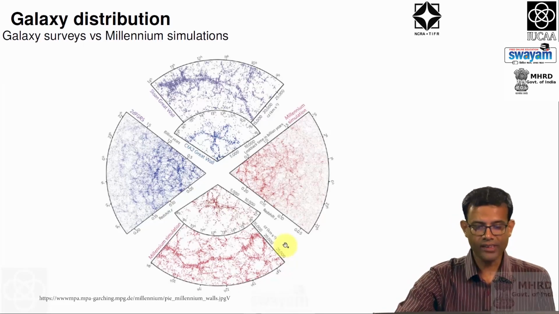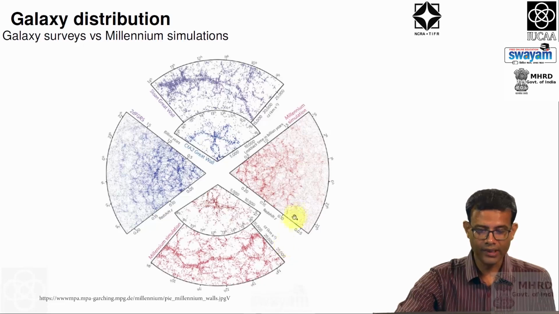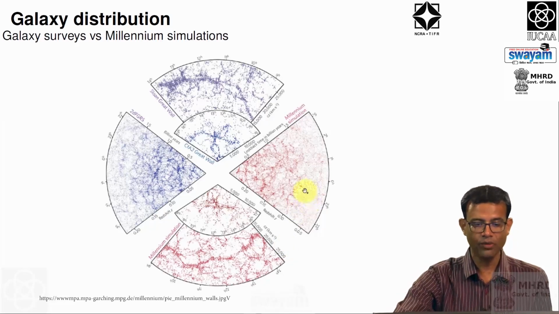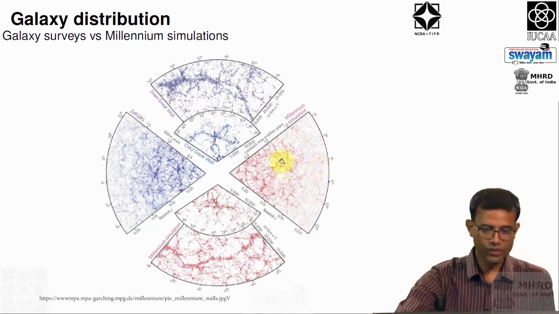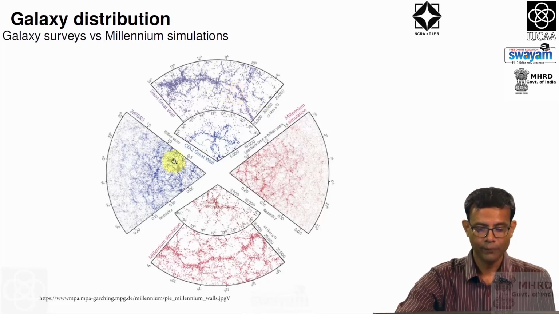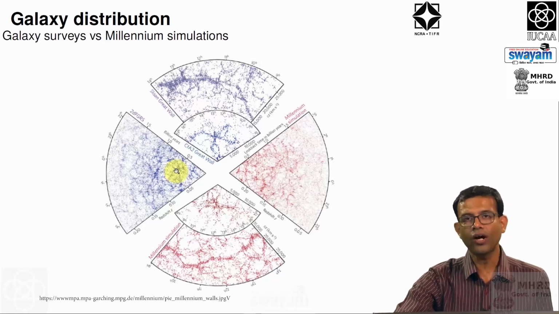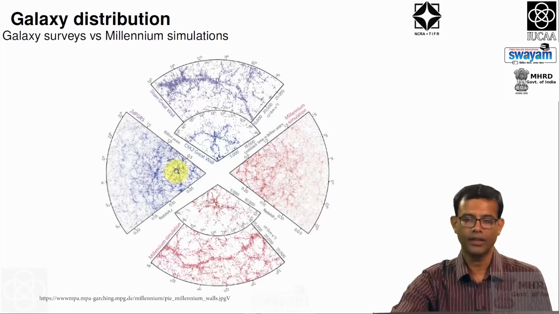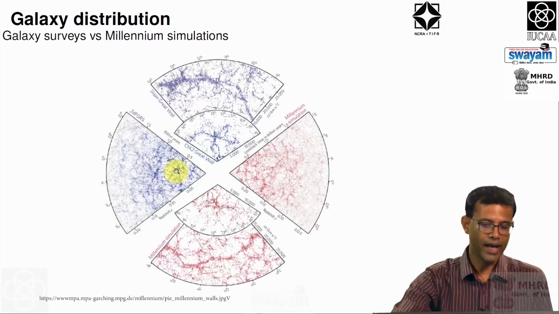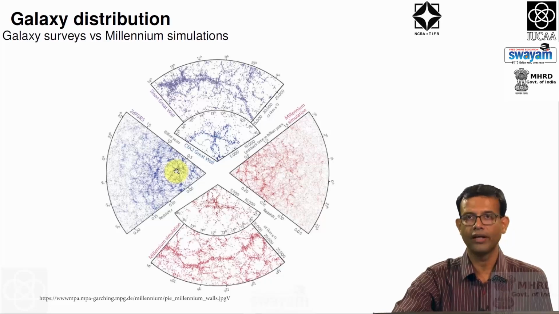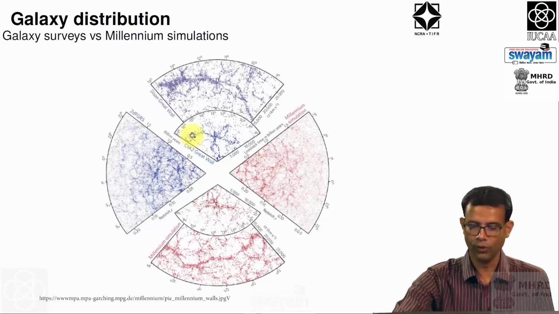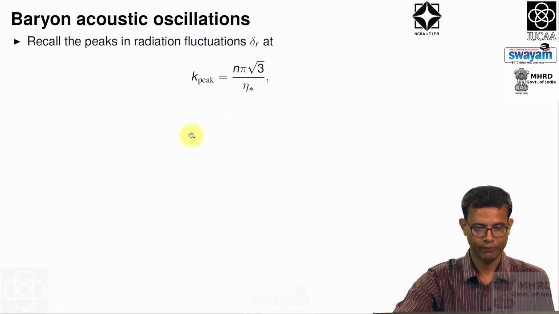So this gives you the first indication that the large scale structure produced by the simulations, at least visually, matches the galaxy surveys quite well. You can ask, do they match quantitatively? They do, because we have already seen that the theoretical power spectrum agrees quite nicely with the observational data points. So clearly, quantitatively, these simulations work very nicely.